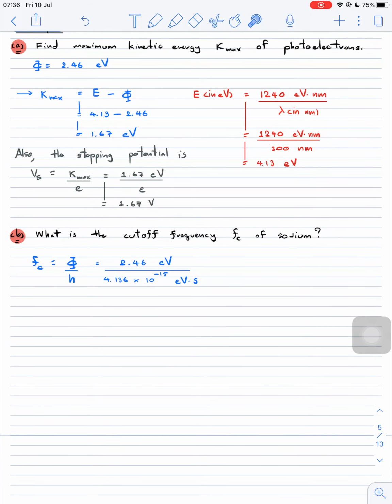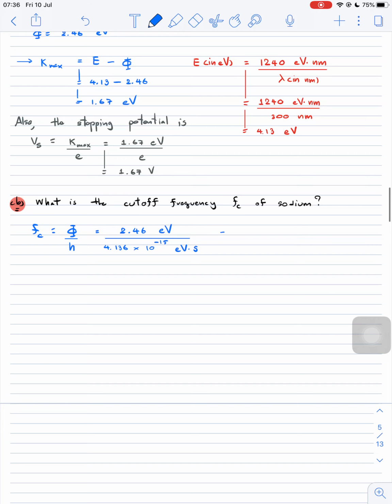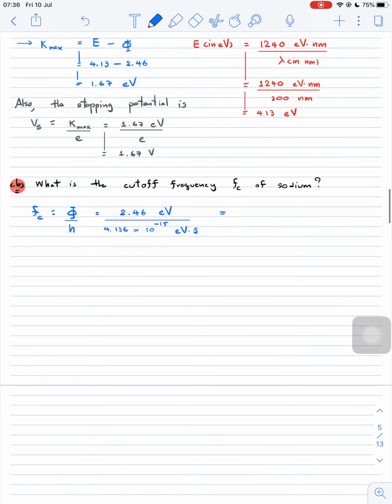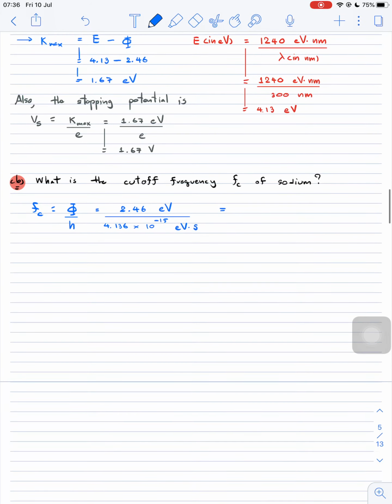You can see the electron volt cancels out, and we have 1 over second left, which is hertz. This value is going to be 5.95 times 10 to the 14 hertz. So this is the answer.